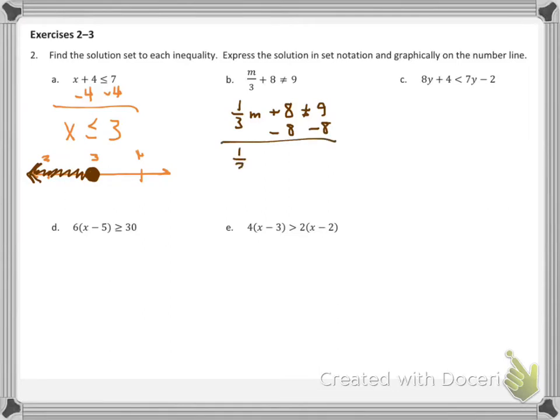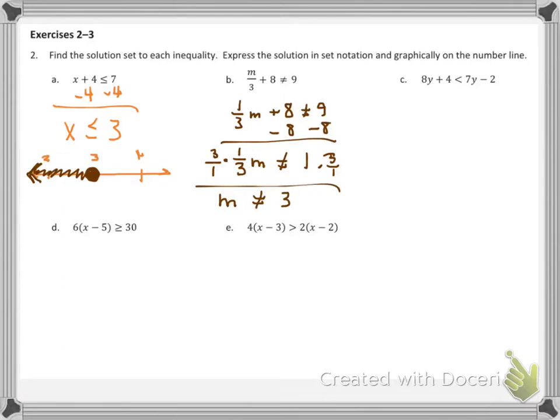That gives me 1/3 m is not equal to 9 minus 8, which is 1. And then I'm going to multiply by the reciprocal here to isolate the variable m. That's 3 over 1. And that gives me m is not equal to 1 times 3, which is 3. M does not equal 3.